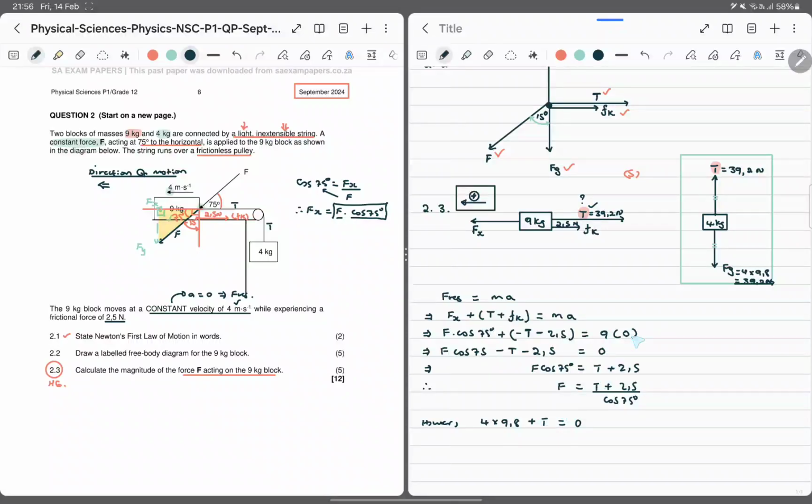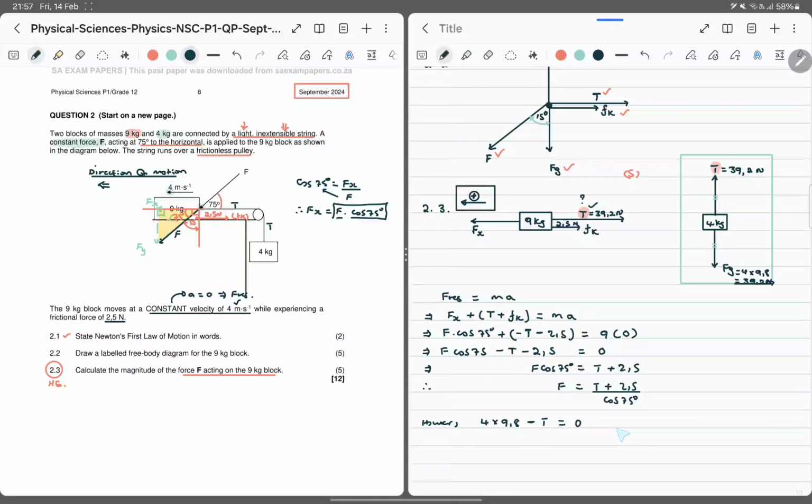Now we know that this is for the 4 kg block. So what does this mean? Maybe let's say minus the tension, because now these two, as much as we add the vectors, but remember the direction of motion we chose as positive, so it means up here is going to be positive.